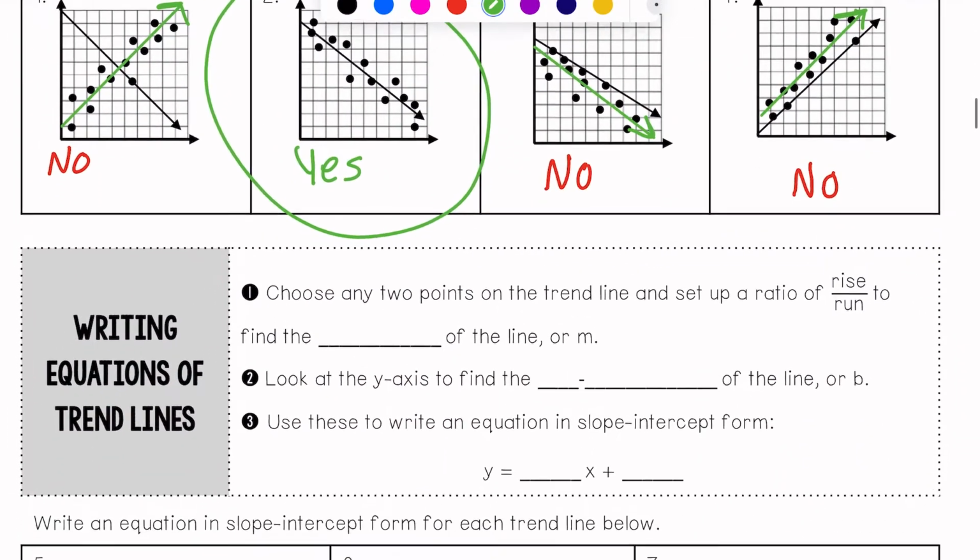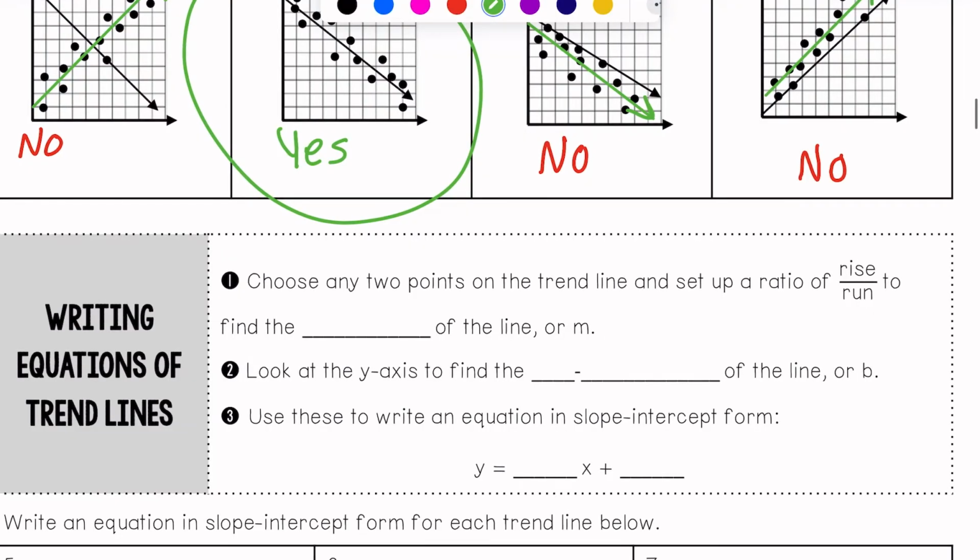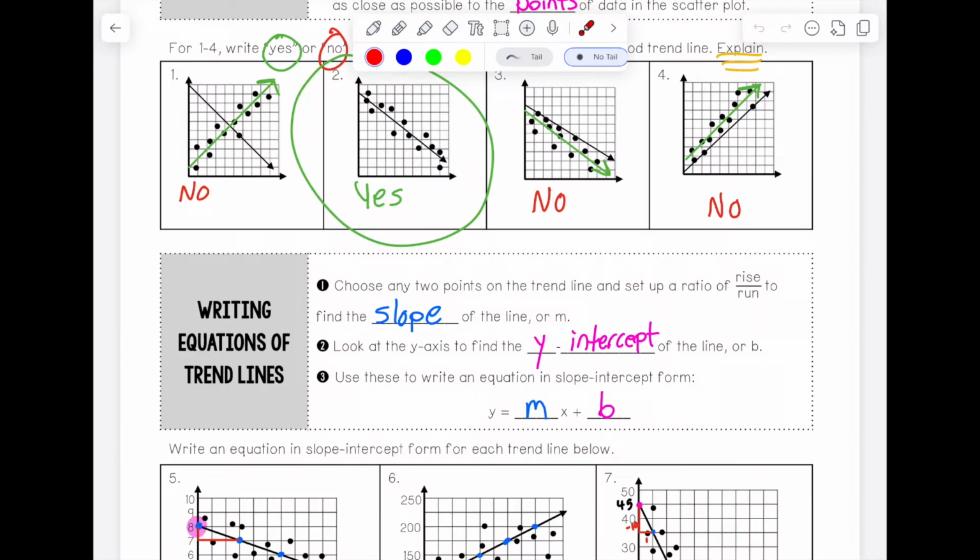You also need to be able to write an equation of a trend line. We've been writing equations of lines pretty much the whole school year, so nothing really changes other than the fact that it's inside of a scatter plot. You basically choose any 2 points that are on the trend line, so not the data points. You create your own points. You set up a ratio of rise over run, and that will help us find the slope of the line, also known as the m.